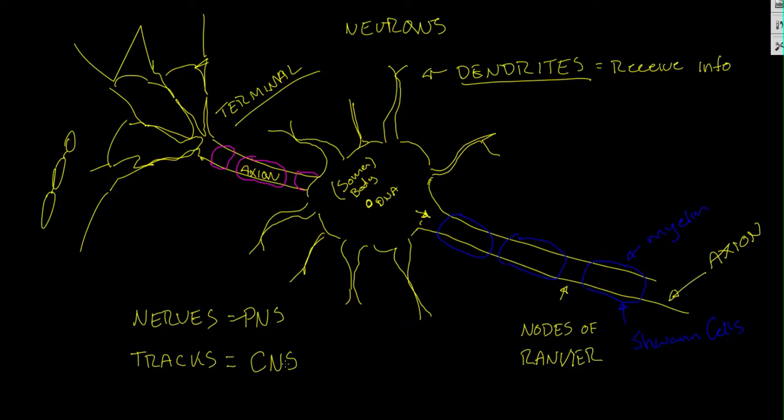And he also made a point in his notes that just remember, tracks are not in the PNS, and nerves are only in the peripheral nervous system and they are not in the tract. So probably a test question, so good to remember for those two.